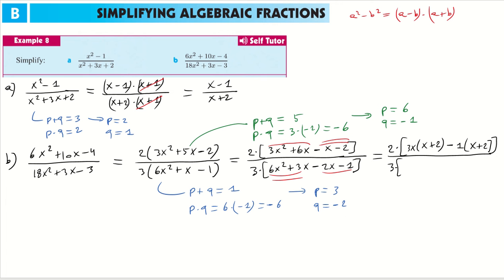We can take 3x out. What is left? 2x plus 1 is left. And in the third and the fourth term, we can take a minus sign out, minus 1. 2x plus 1 is left.